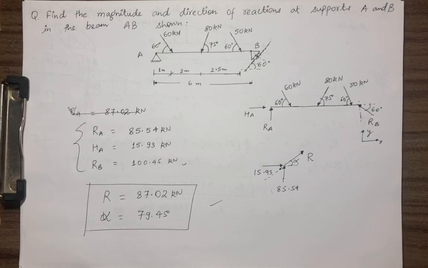Then you will not face problems with reactions and all. So I suggest you solve at least 50 to 100 problems for beams only. Then only you will be able to understand the coming subjects like strength of materials and structures very easily.